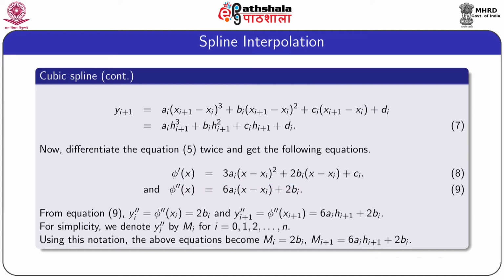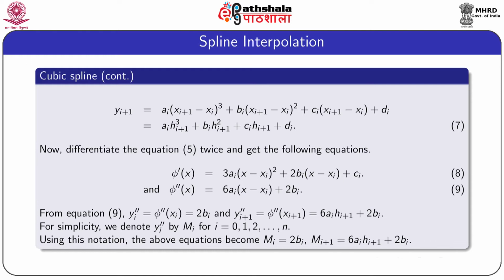This is the first derivative of phi(x), that means the first derivative of p_i(x) also, and the second derivative of phi(x) equals 6 a_i (x - x_i) plus 2 b_i. Now, from equation 5 we see that the second derivative of y at x_i equals the second derivative of phi at x_i, and which is equal to 2 b_i.